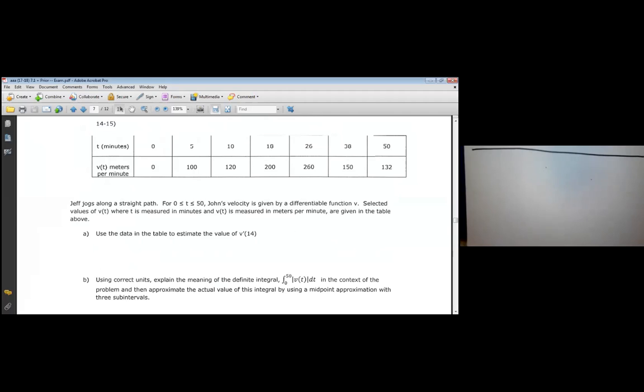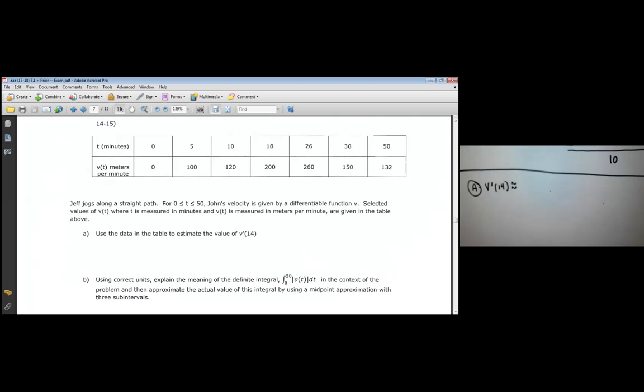Part A should look super familiar to you. It's the same exact part A as the other question, just different numbers. So for part A, remember, we're going to start with repeating what they want us to find. So we want to find V prime of 14. So V prime of 14 is approximately equal to, I'm heading up to the chart and I'm figuring out where 14 fits in with those X values.